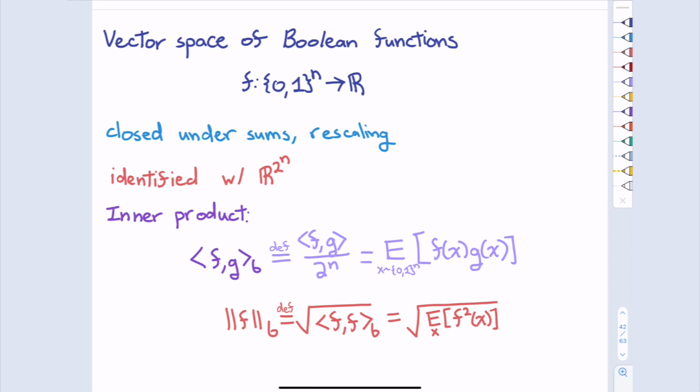There's 2 to the n inputs. Since it's an average, you can think of that as drawing a random input and multiplying the values together. It makes some calculations cleaner to divide out that 2 to the n. It's not totally necessary; you would survive with the normal inner product, but it's cleaner. The corresponding norm would be the square root of this inner product.